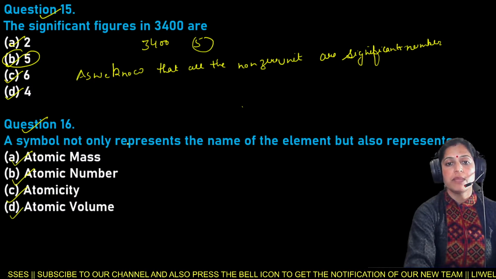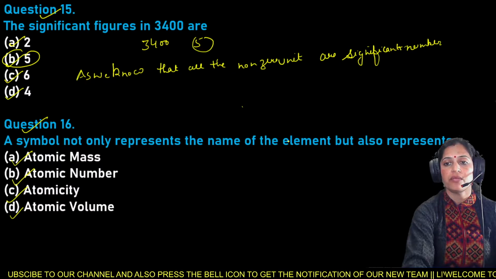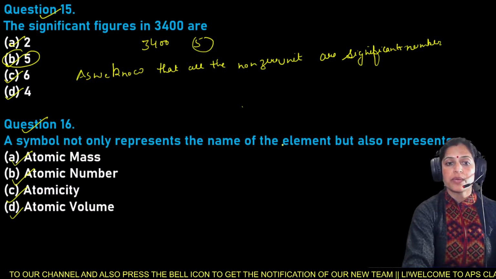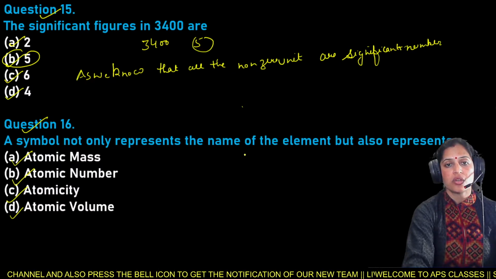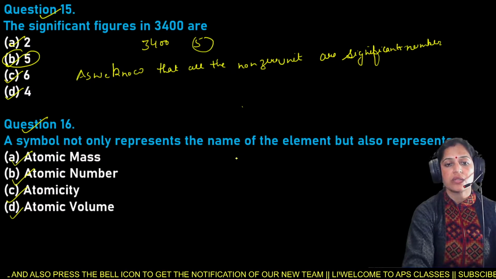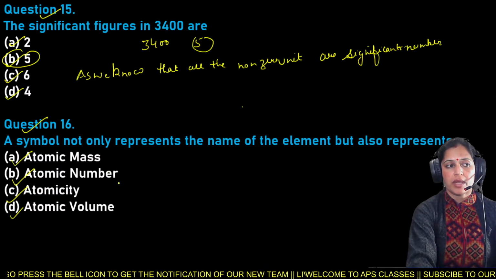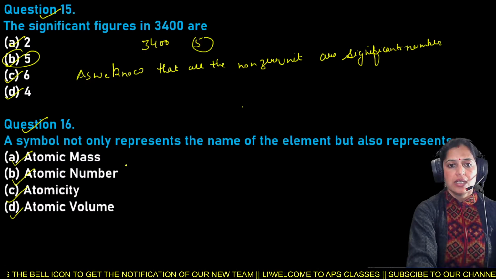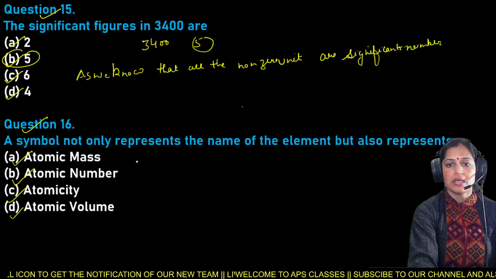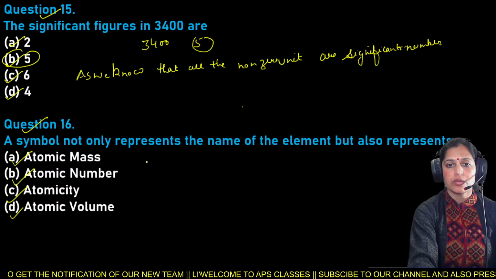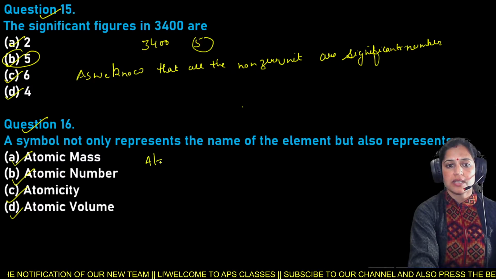So here a symbol not only represents the name of the element but also represents the atomicity.